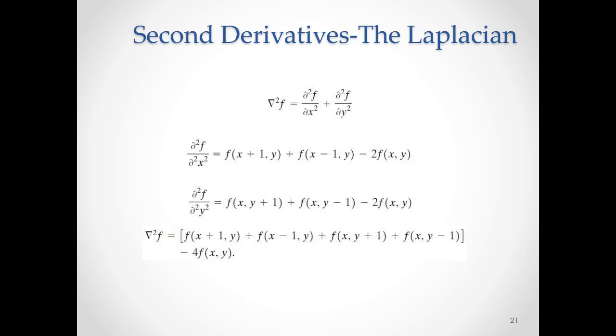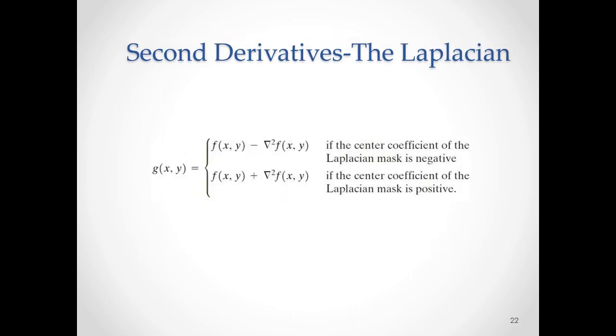So, the basic objective is to highlight the details in an image or to enhance the detail that has been blurred. It has a wide variety of applications including electronic printing, medical imaging, industrial inspections and autonomous guidance in military systems.